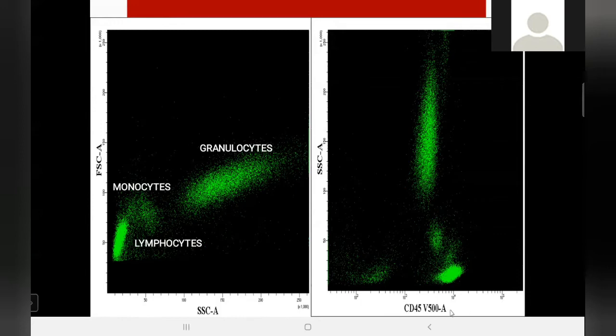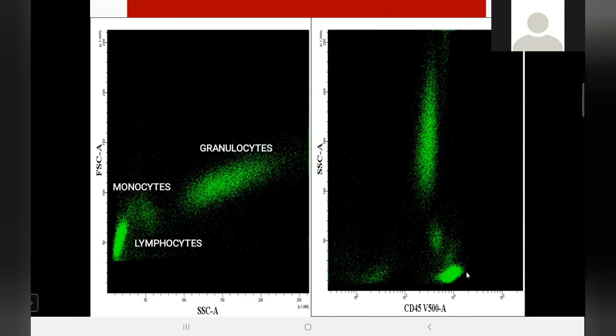Can somebody tell me how many clusters you see on CD45? When you have side scatter versus CD45, this is one thing that you see. Can anybody tell me what this is? Granulocytes. Very good, perfect. What about this population? Lymphocytes. Perfect. So always remember, on the x-axis, the population on the right-hand side is brighter, the population in the middle is dim, and the population on the left-hand side is negative.